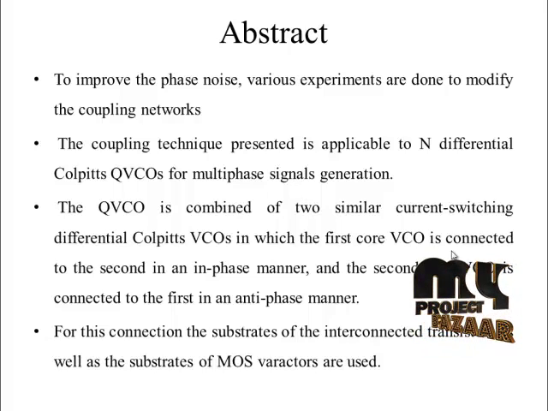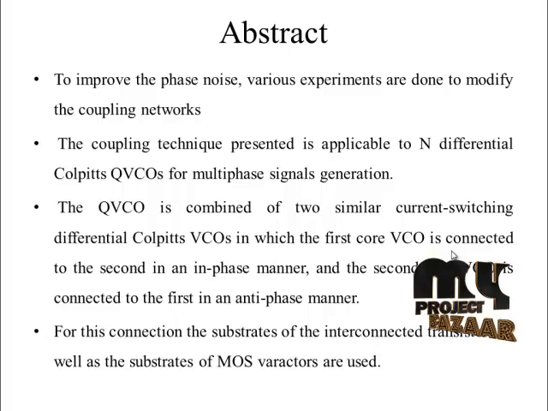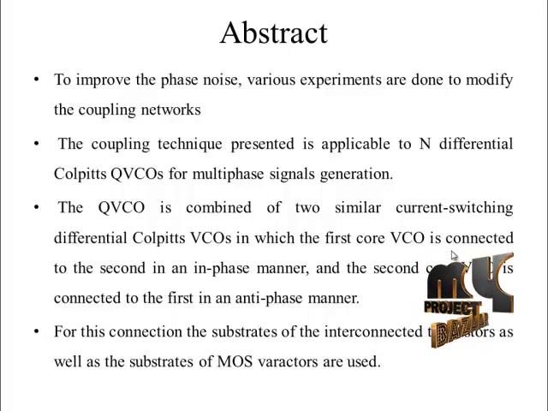To improve the phase noise, various experiments have been done in previous methodologies, which modify the coupling networks. The coupling design is applicable to n number of differential Colpitts QVCOs for multiphase signal generation.